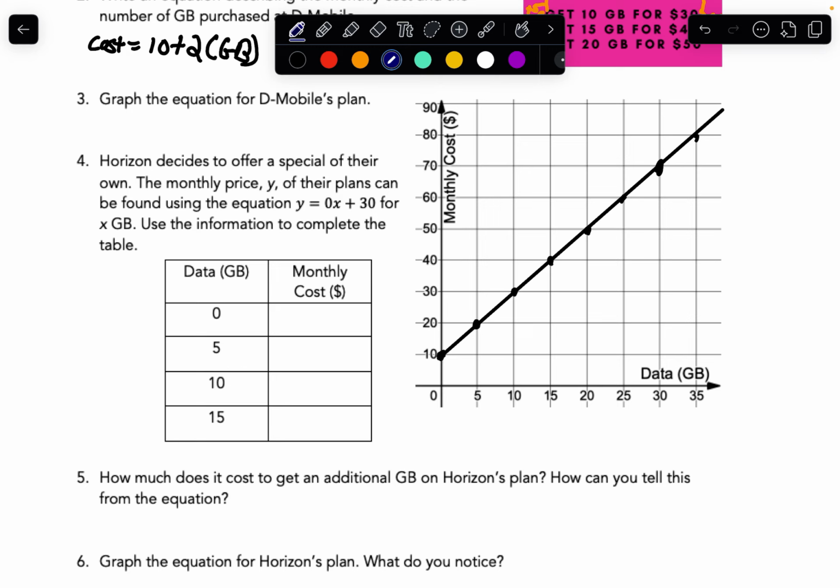So when we have 0 gigabytes, that's 0 times 0 plus 30, which is 30. When x is 5, that would be 0 times 5 plus 30, and 0 times 5 is 0, so we still get 30.